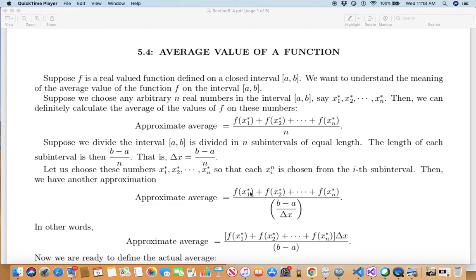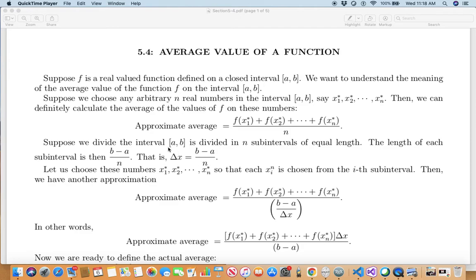In the numerator I'm adding the values f at x1 star, f at x2 star, and so on, the sum of the values of f on these chosen xi stars, divided by n.